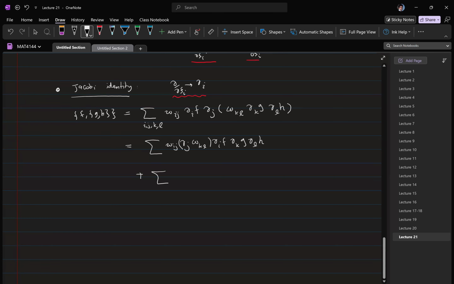Plus another summation that involves applying this partial J to the other two. So this would be like Wij, WKL, and then I get DIF, and then well, I should do the DJ of the first or the second, so I could do like DJK of G, DH, LH, sorry.